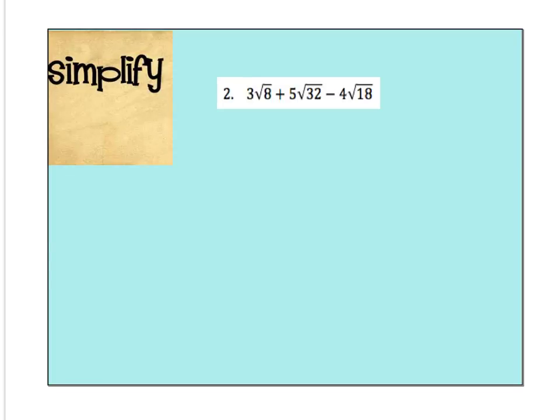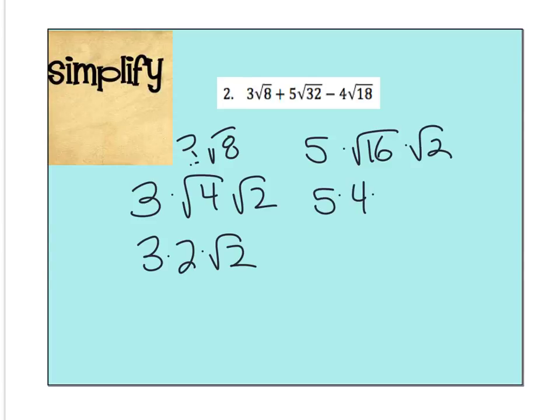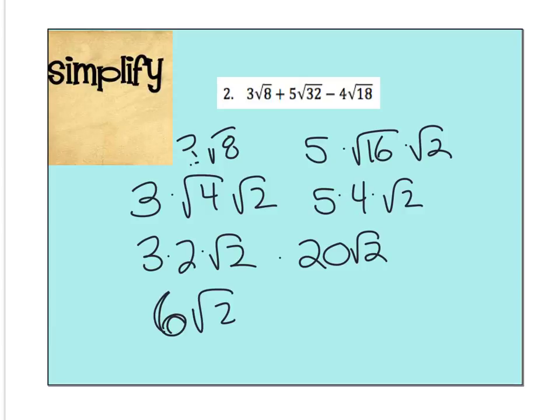Here, number 2, 3 square root of 8 would be 3 square root of 4 square root of 2, 3 times 2 times square root of 2. For 5 square root of 32, I get square root of 16 times square root of 2, so that's 5 times 4 times square root of 2. That will be 6 square root of 2 there, plus 20 square root of 2.